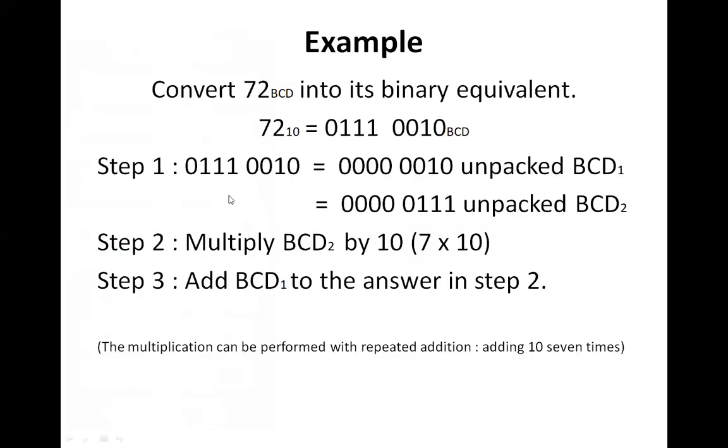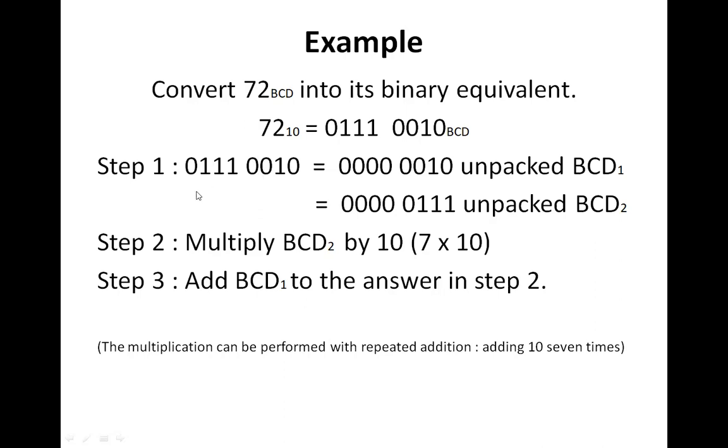So let us discuss how it can be done. First of all, these nibbles have to be masked, so all these values should become 0. This value can become 0 if we do an AND operation with 0000 1111, meaning ANI 0F. Whenever we have to obtain the other one, we have to mask this, so we do ANI F0 so that all these 4 bits become 0.